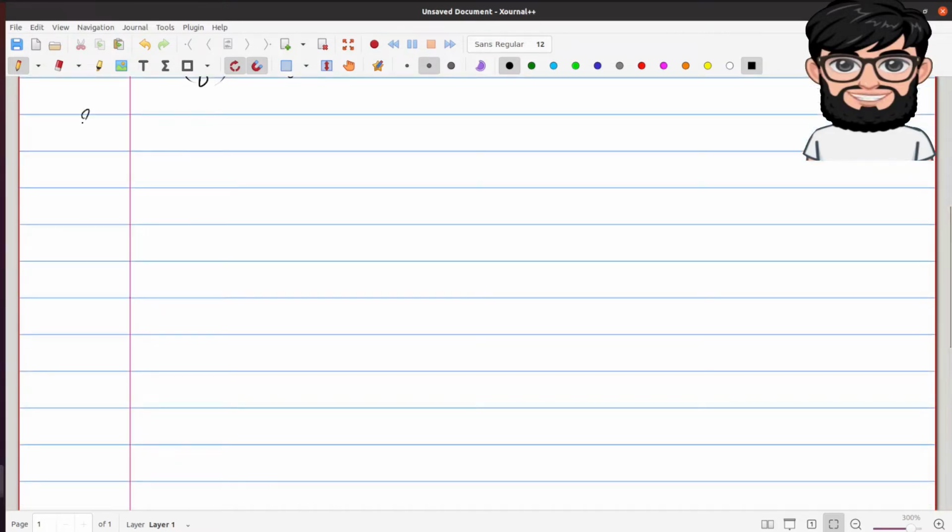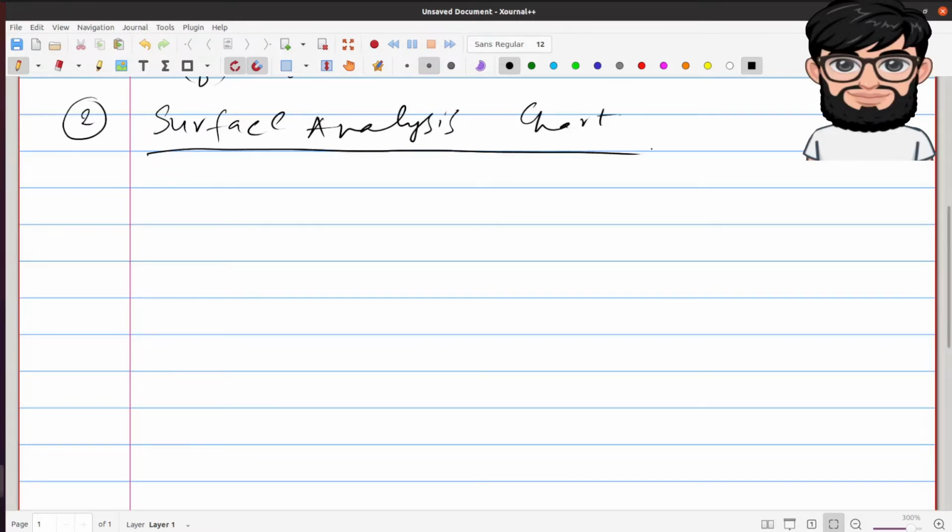Second one is, what is the surface analysis chart? These charts are analyzed charts of the surface weather observations.